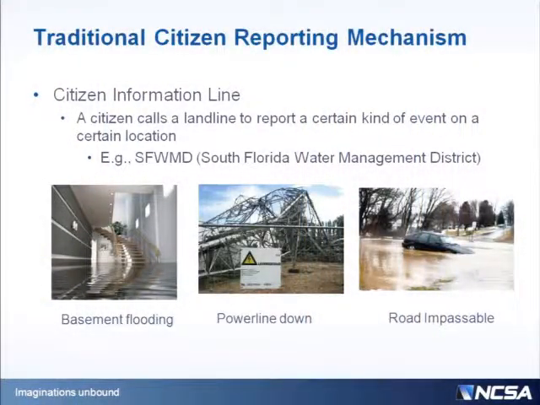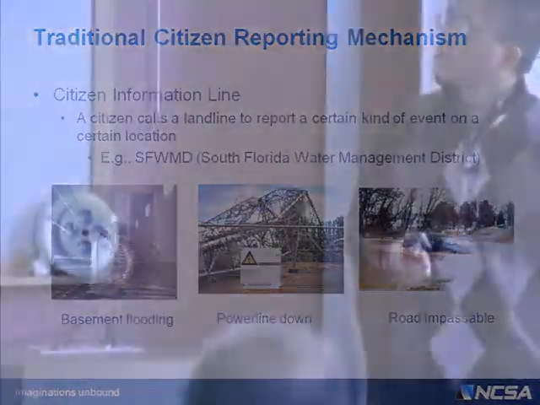So the first one is investigation and development of a new real-time citizen reporting tool on a smartphone. Traditionally, the citizen reporting mechanism is basically in the form of a citizen information line. Usually there's a landline phone number you can call during a certain event. Citizens basically pick up a phone and report a certain kind of event at a particular location.